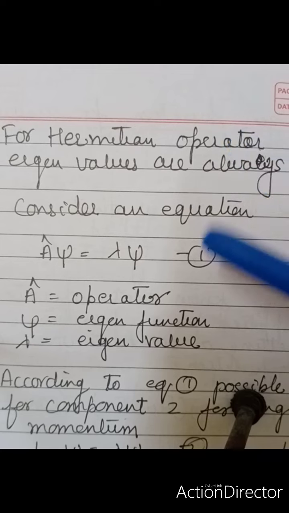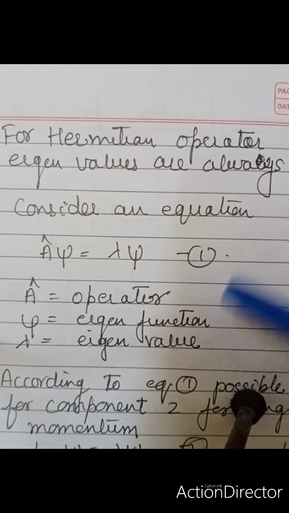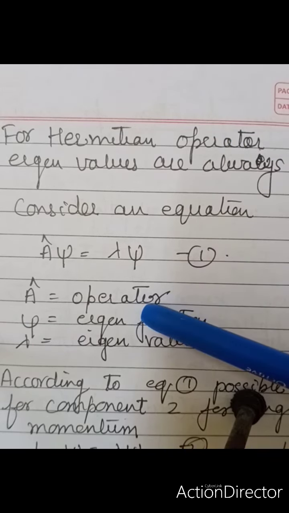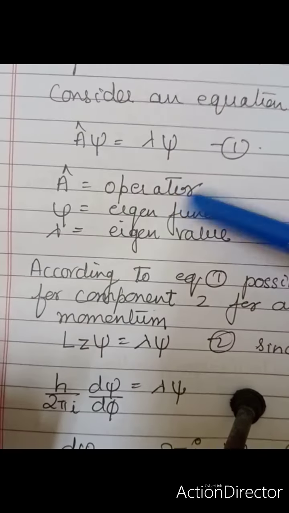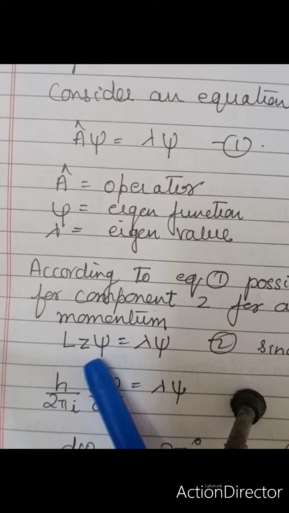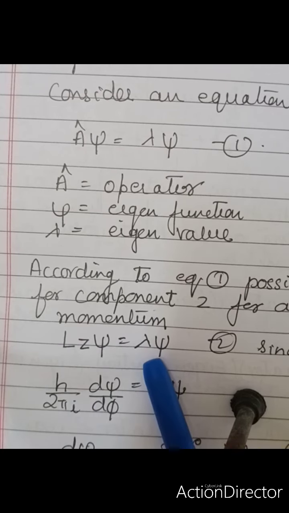Now we will explain it in terms of the possible values for the z component of the angular momentum. It will be expressed as Lz psi is equal to lambda psi. Now Lz has the value h upon 2 pi i d by d phi.